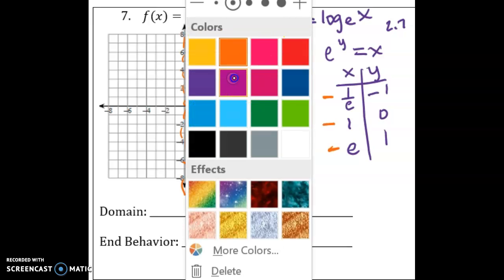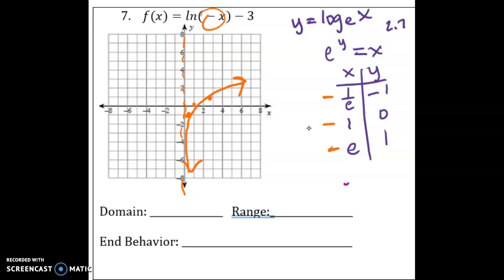So that is going to effectively flip our graph. So we're at negative e, 1 over e, negative 1. So about right there. And then negative 1, 0. And then negative 2, 1. Negative 2.7 and 1. There we go.